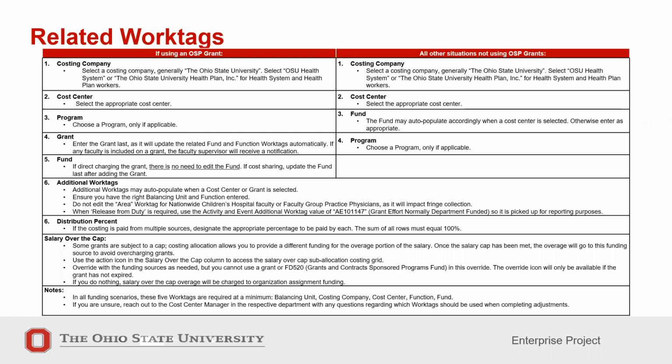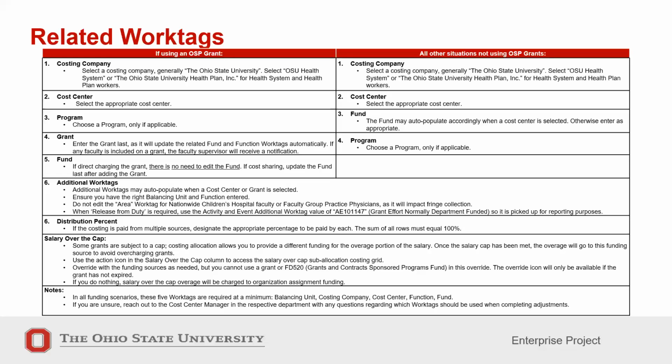Okay, next, this is a slide if you've been through the payroll training, you probably have seen. Christina was nice to share this with us, but this really talks about specific Worktags, and this example is for OSP grants, that there's a certain way that you want to enter Worktags on the transaction in order to try to avoid custom validations that might pop up.